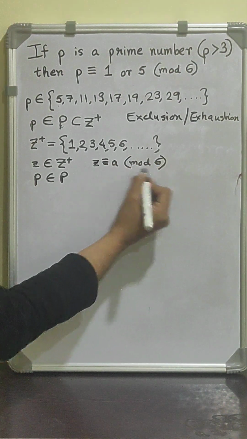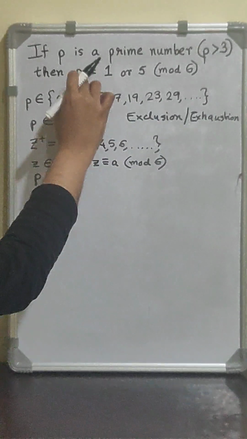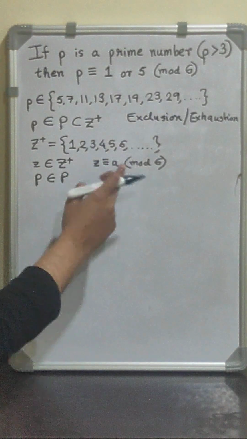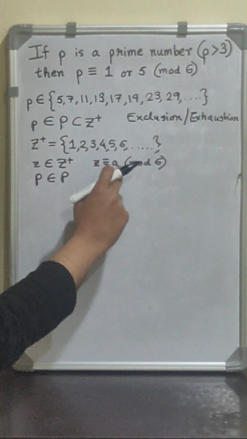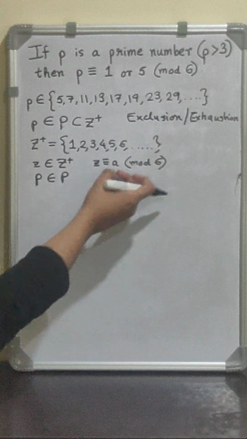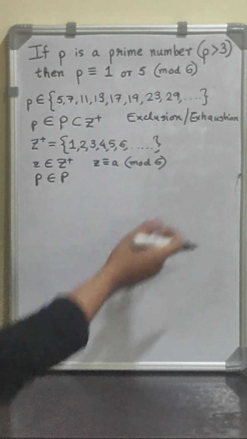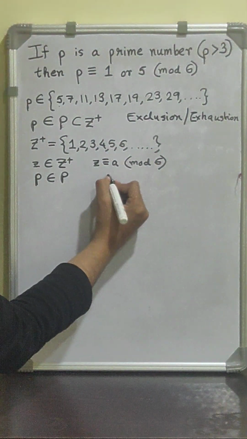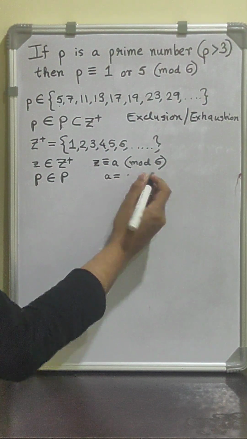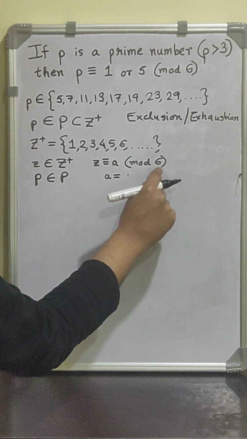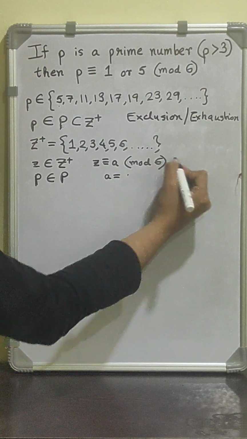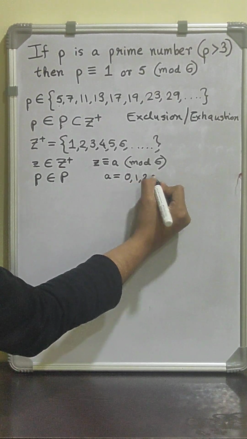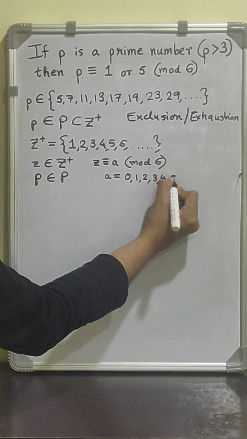I'm introducing this because I have something to prove on p with mod 6, but I have to exhaust z, so I'm defining z as leaving a remainder a when it's mod 6. Now, from the property of modular arithmetic in number theory, when a number is divided by n, it can only leave a remainder from 0 to n minus 1. So 6 can only leave remainders from 0 to 5.